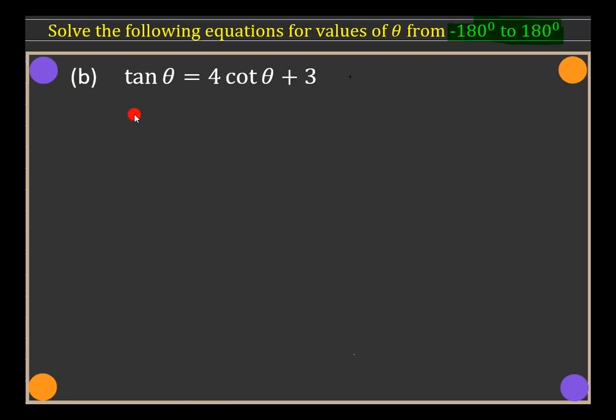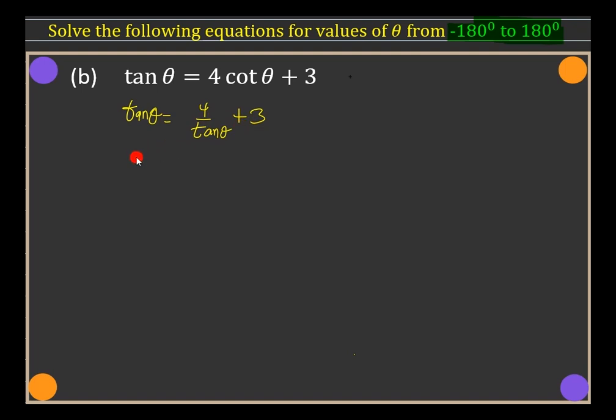This is part B now. We have tan theta is equal to 4 cot theta plus 3. We know that cot theta is the reciprocal of tan theta. That means that we have tangent of theta equaling 4 divided by tangent of theta plus 3.